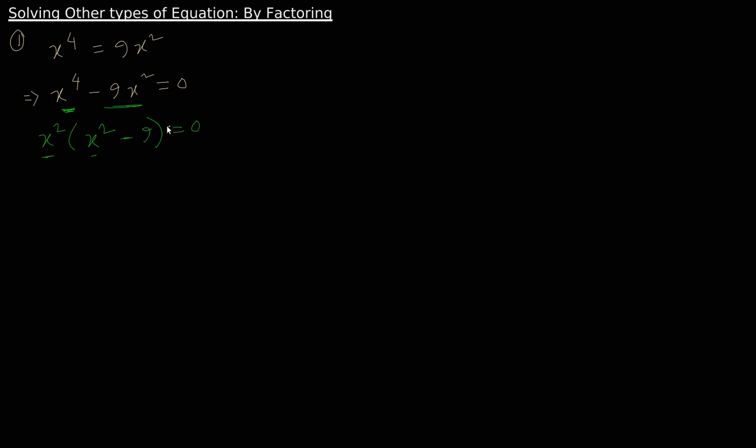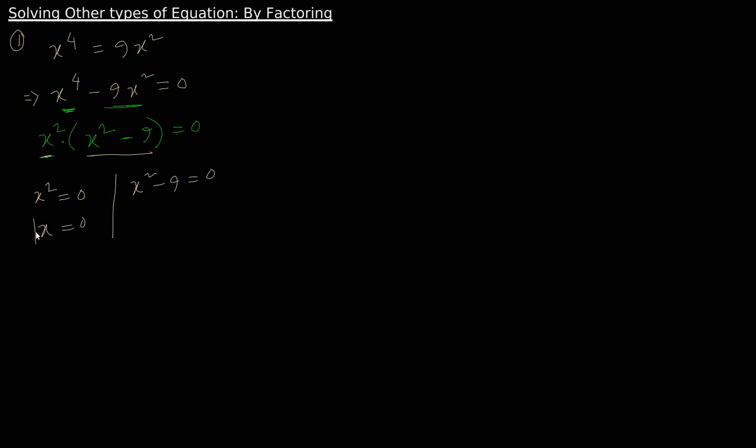Now I have two mathematical expressions in product form, and the product equals 0. So I can write x square equals 0, and I can write x square minus 9 equals 0. So if x square is 0, I can write x equal to 0.